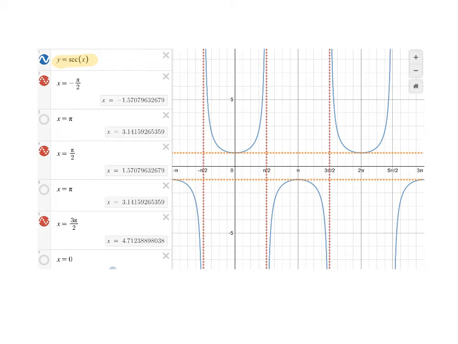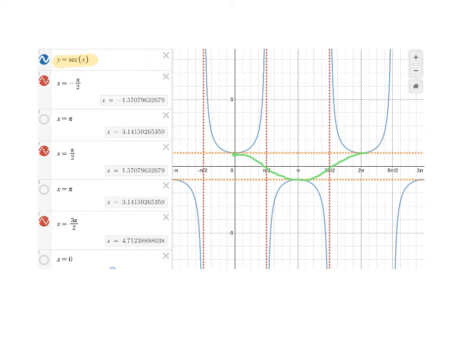The cosine function, remember, starts up here at 0, 1, and then it heads down towards the x-axis and crosses at a 0 at pi over 2, the exact same place that the secant function has an asymptote because 1 over 0 is undefined. It hits a low point at pi, and it crosses again at 3 pi over 2, and then it gets high again.